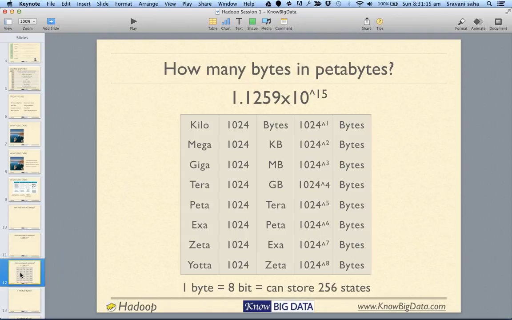That is the data you can store on 8 fingers. So a byte can store 256 states and a kilobyte is 1024 bytes and so on. So kilo, mega, giga, tera, peta, exa, zeta, iota. And in the sequence, the next step is 1024 times the previous one.